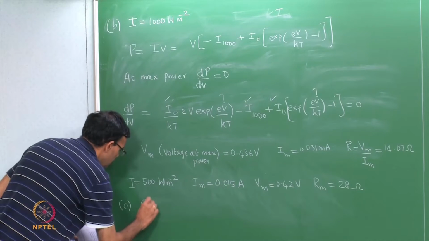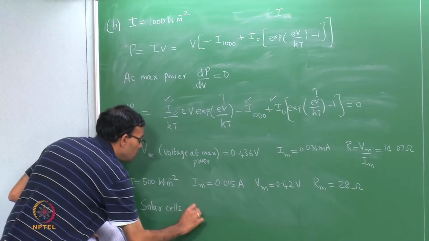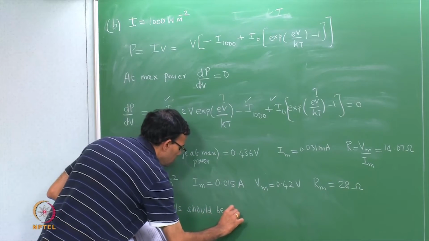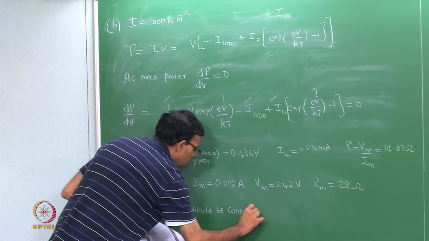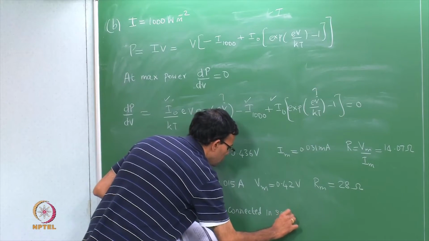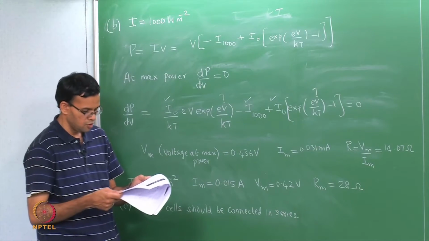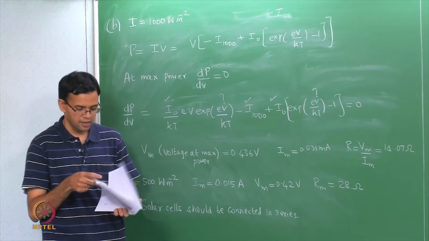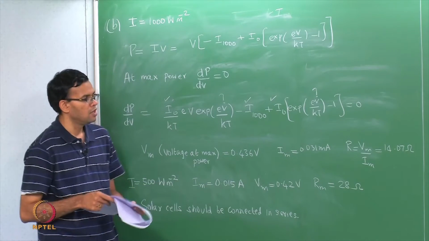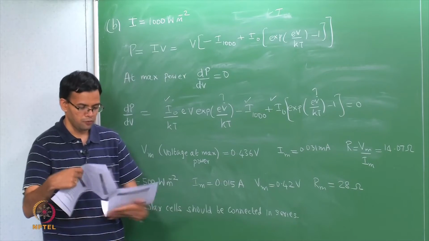So, if you look at the initial operating condition that was specified in part A, the voltage for each solar cell is 0.48 volts.